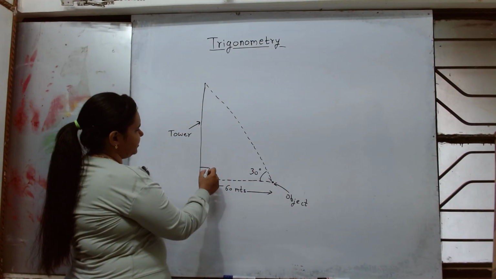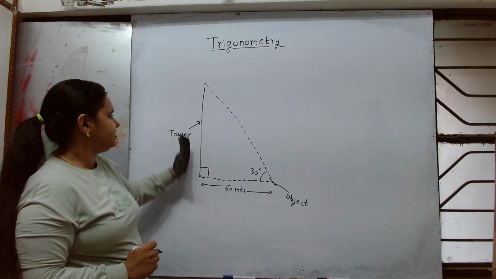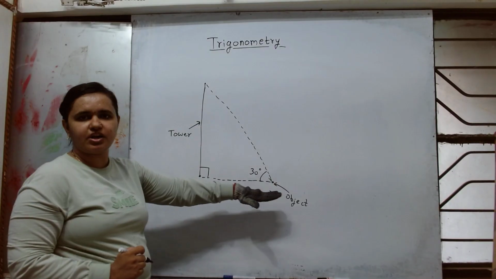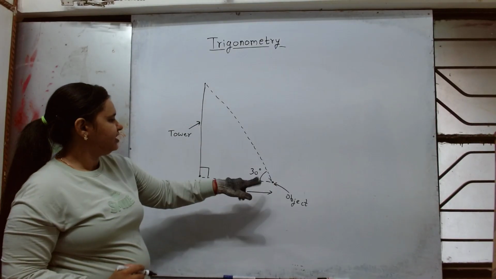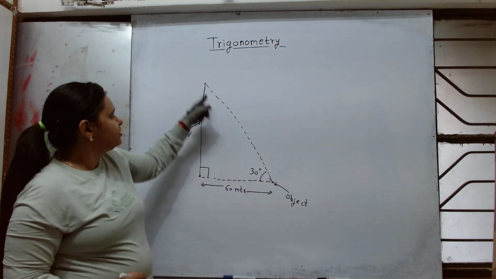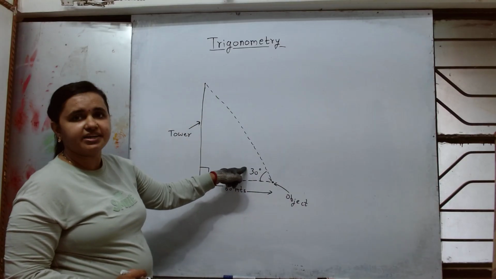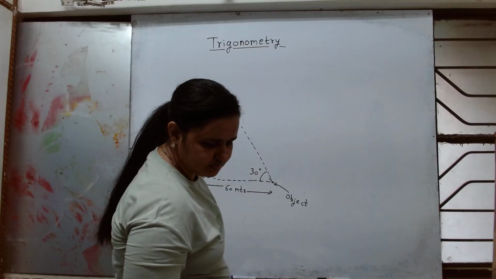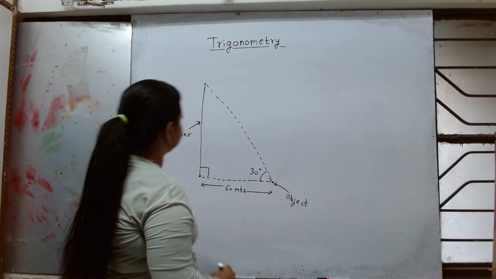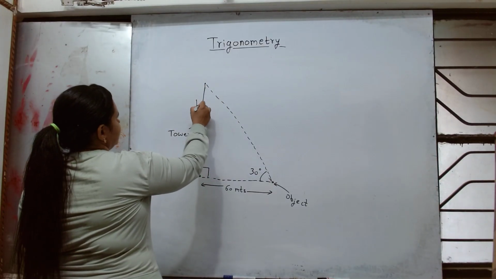It is perpendicular because the tower is in a straight perpendicular position to the ground. So it will be 90 degree. And the angle of elevation of the object to the top of the tower is given as 30 degree. Then we have to find the height of the tower. This is the height of the tower.